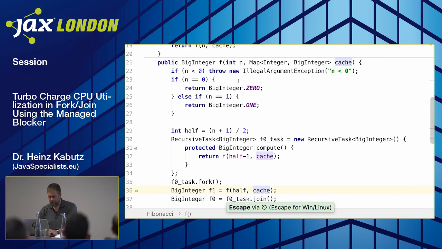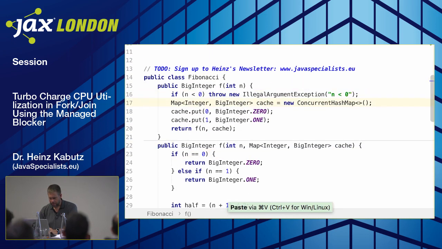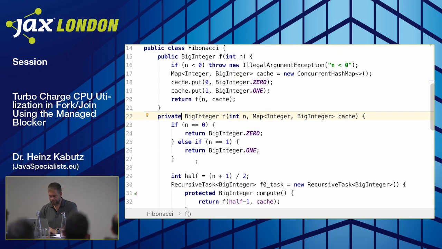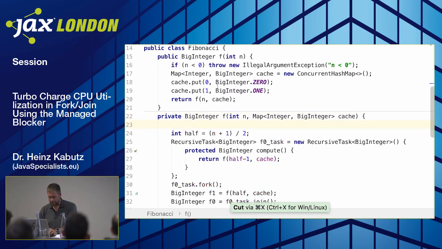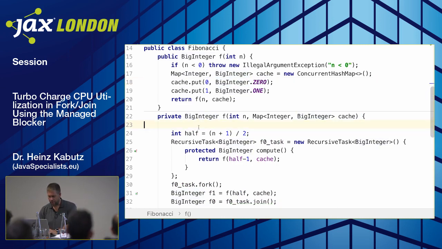This must go to the top, sorry. The method should be private, of course, because we don't want it to be seen from anywhere else. And we don't need this if statement, because we've covered that by seeding the cache with 0 and 1. Then over here, we can do the following.